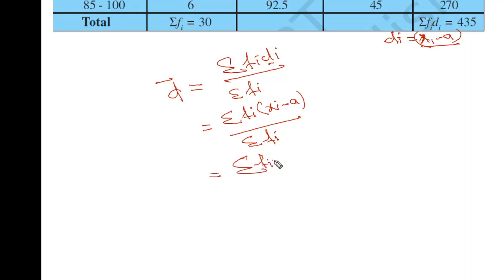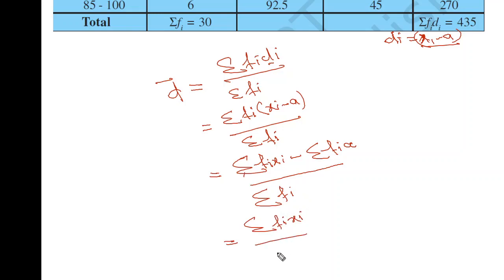Sigma fi xi minus sigma fi a, we have just multiplied sigma fi in xi minus a, divided by sigma fi, which will be equal to sigma fi xi divided by sigma fi minus sigma fi a divided by sigma fi.